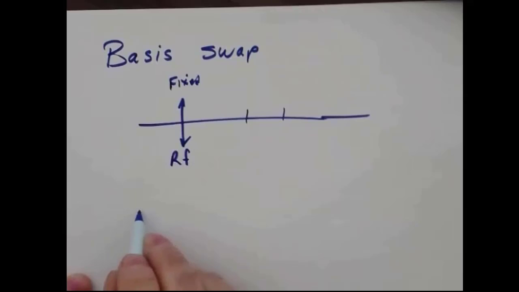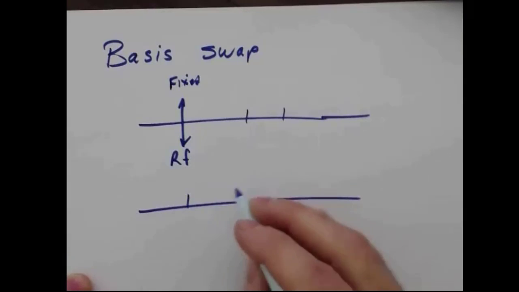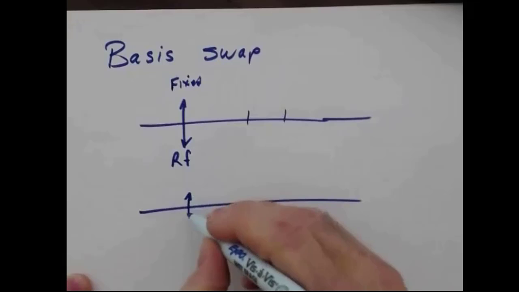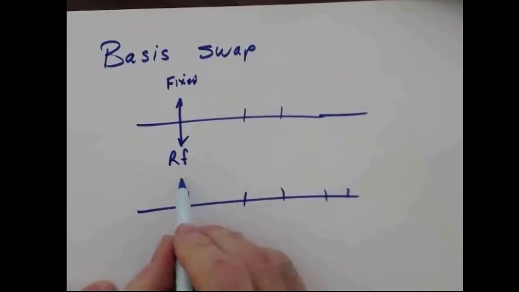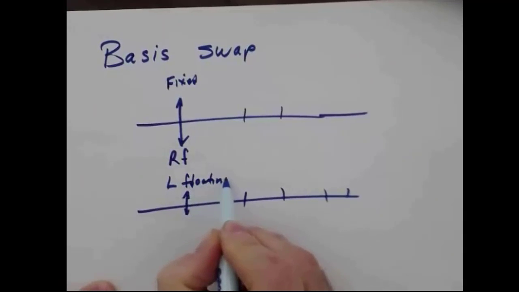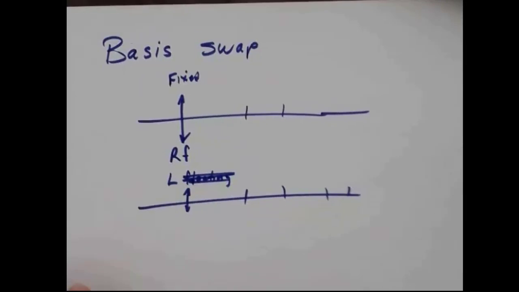Then we could have a second plain vanilla interest rate swap, and for each of these periods, again, as we go through here, in this case we would be paying LIBOR floating, or you could just denote that as L, okay? And then you could be paying a fixed amount right here. Again, this fixed interest rate would be nothing but the weighted average of the expected forward rates, the interest rates in the future that we expect to happen.